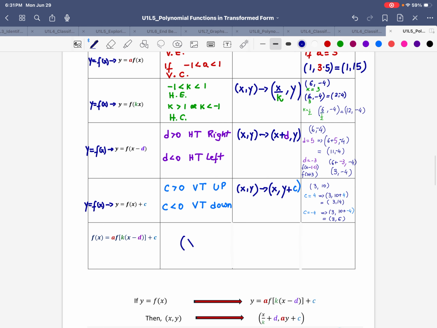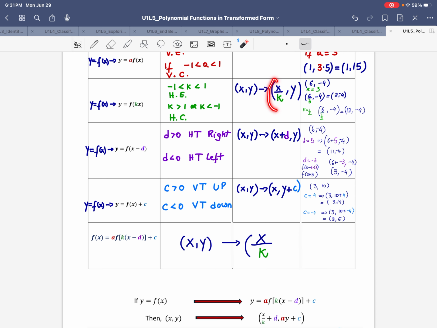Any point with coordinates x and y in the parent function will become the following. Remember, x can be affected by the coefficient k, and we divide by k.